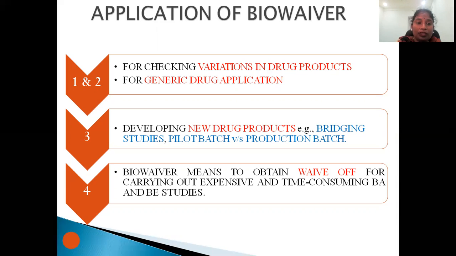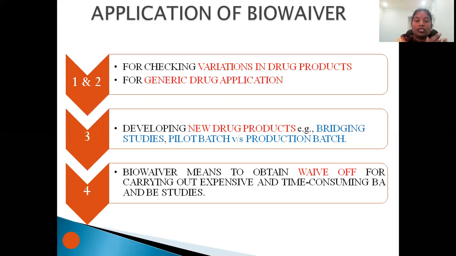The third application is while developing a new drug product, in bridging studies, or when converting pilot batches into scale-up batches. Pilot is nothing but R&D. When you scale up, you increase from small volume to large volume, and we compare with the pilot batches.